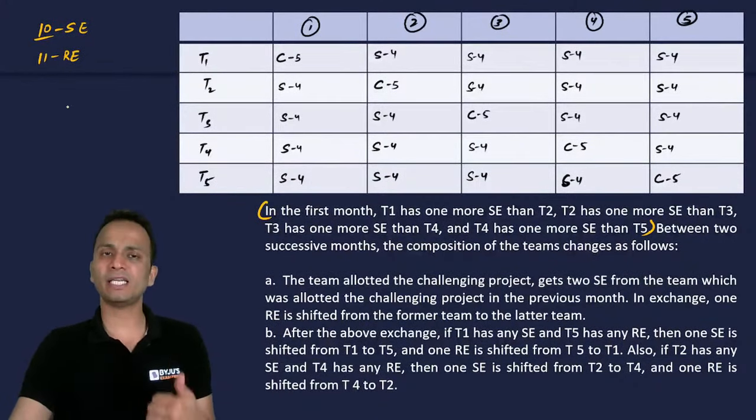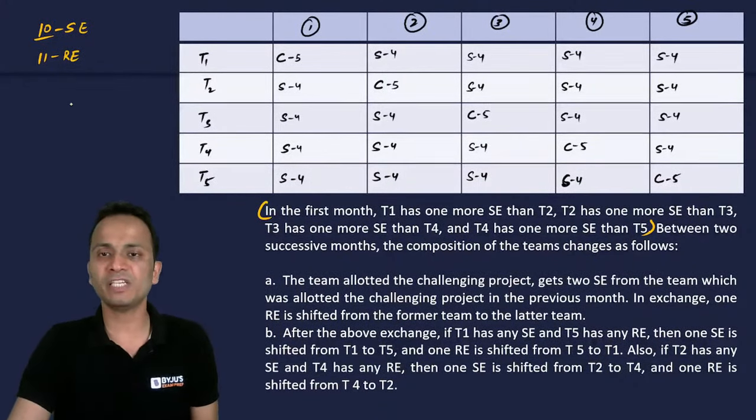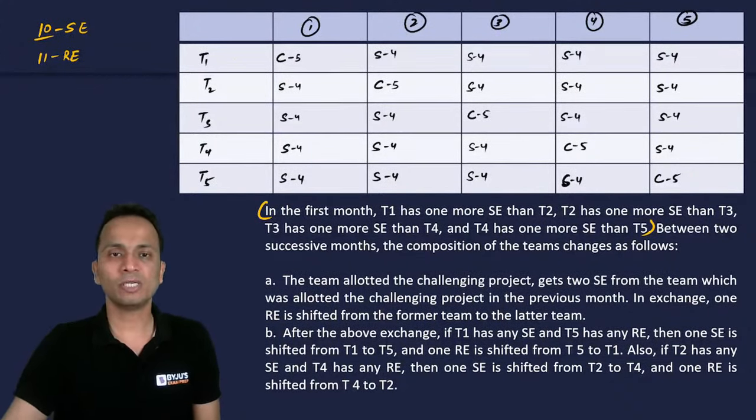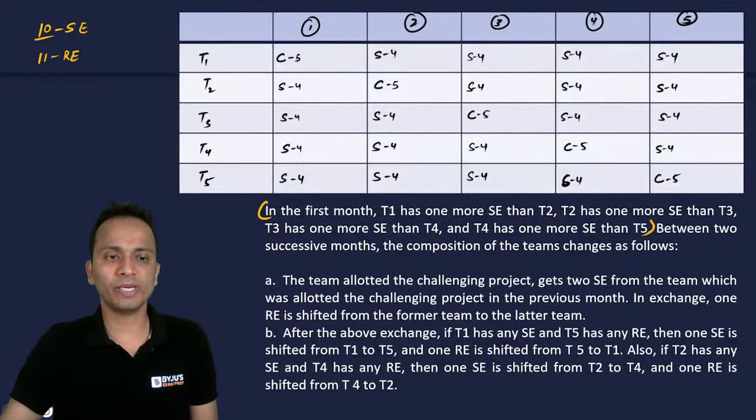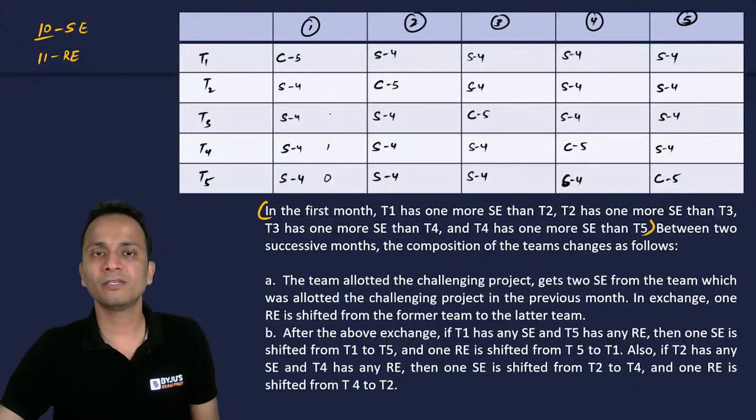How these 10 will be divided in 5 teams where T4 has one more than T5, T3 has one more than T4, T2 has one more than T3, T1 has one more than T2. So it can only be possible in this way: 0, 1, 2, 3 and 4. So this is the number of SE employees.